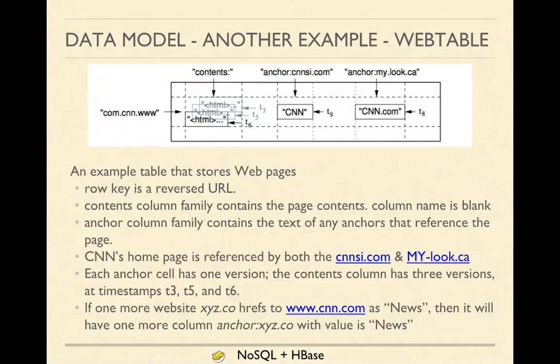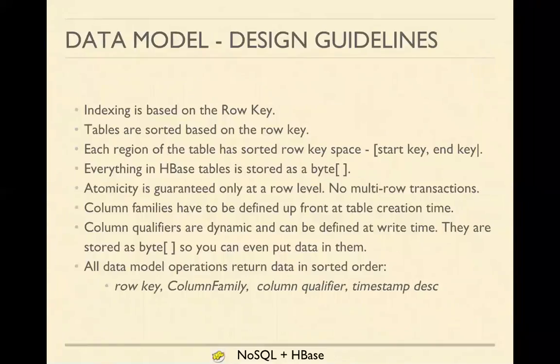Now, a brief about what we have learned so far. The indexing is based on row key. Tables are sorted based on row key, and each region of a table has sorted row key space. Everything in an HBase table is stored as byte array, meaning binary data. You can store anything. Atomicity is guaranteed only at the row level.